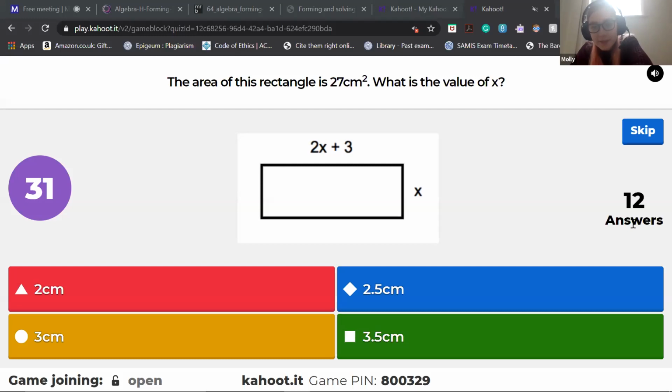Again, I'll let the timer go all the way down this time because I'm actually on track to finish on time.